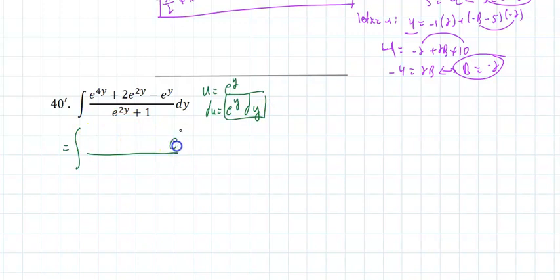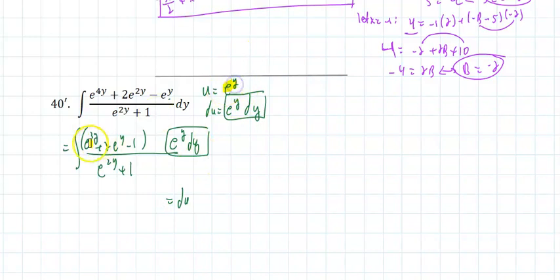So if I take e to the y dy, factor an e to the y, that's e to the 3y plus 2e to the y minus 1 over e to the 2y plus 1. This is my du. And wouldn't that be the integral of u cubed plus 2u minus 1 over u squared plus 1?